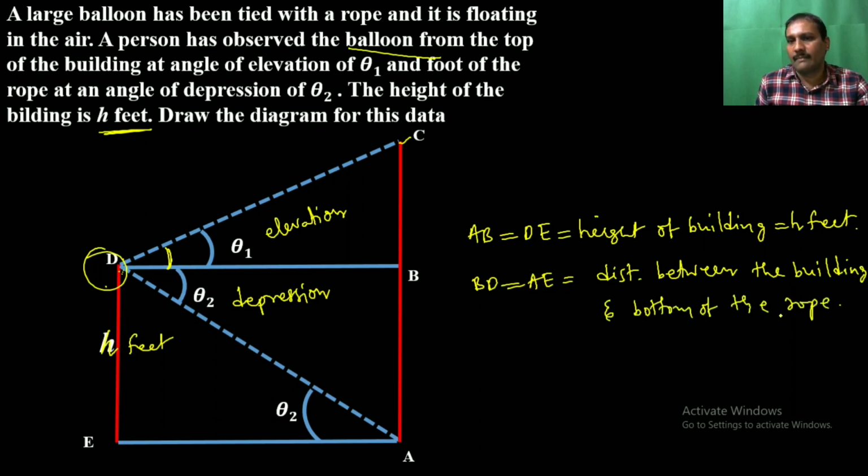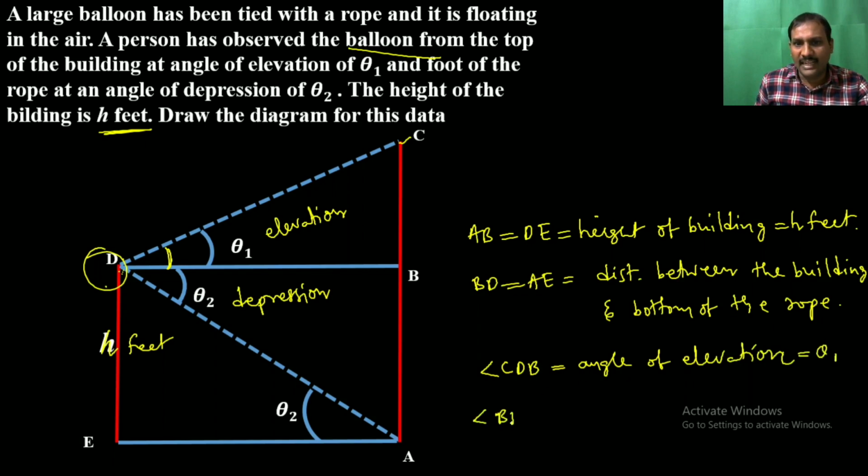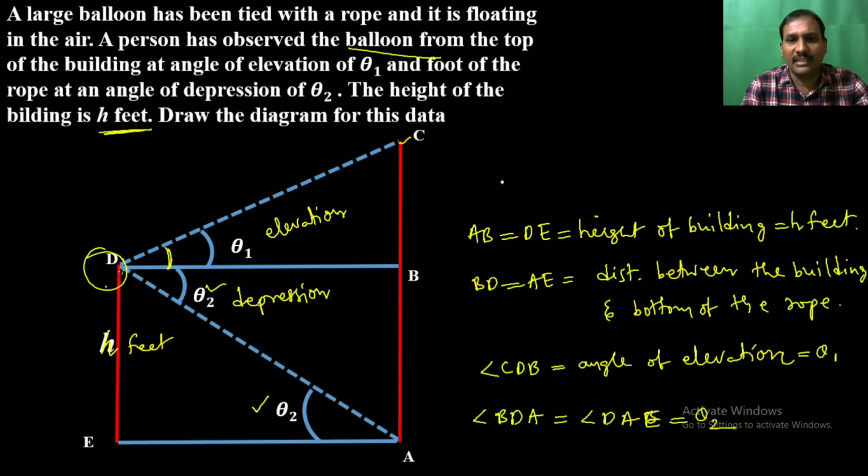Next, angle CDB is equal to the angle of elevation, that is theta 1. Next, angle BDA is equal to angle DAE is equal to theta 2, the angle of depression. So this is the data given in the problem.